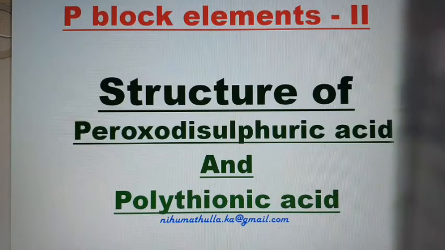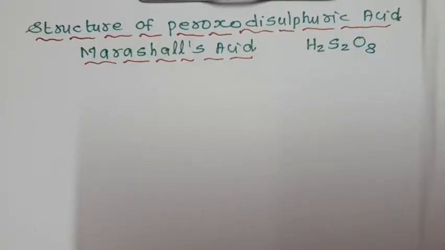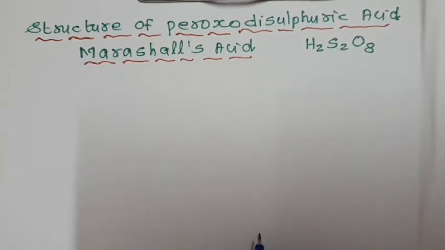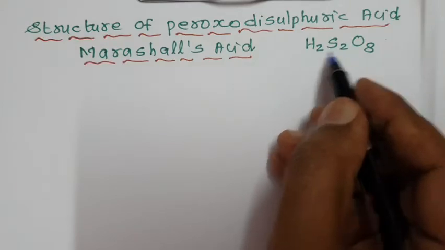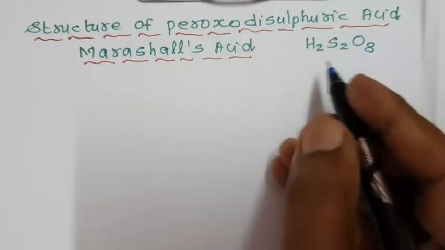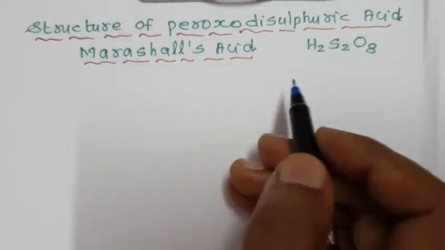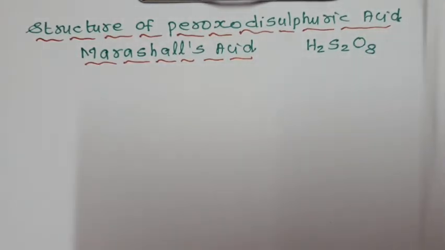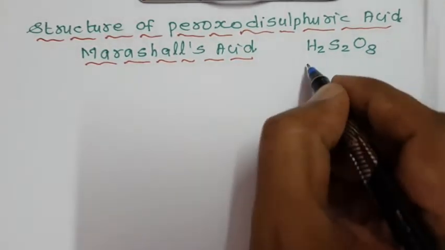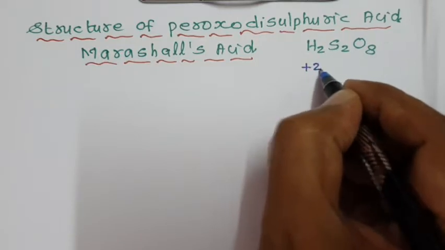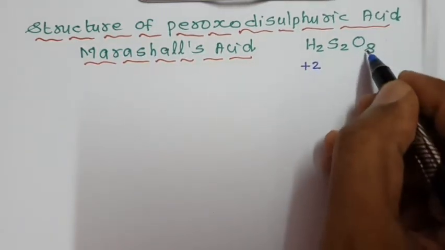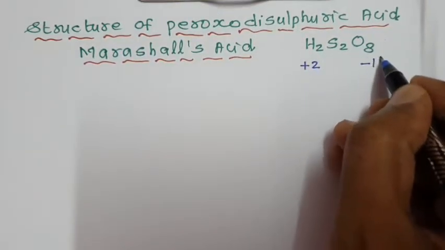Now first we are going to discuss how to draw the structure of peroxo disulfuric acid. First we are going to find out the oxidation state of sulfur in peroxo disulfuric acid, also called Marshall acid. 1 hydrogen plus 1 oxidation state, 2 hydrogen plus 2. 1 oxygen minus 2, 8 oxygen minus 16.